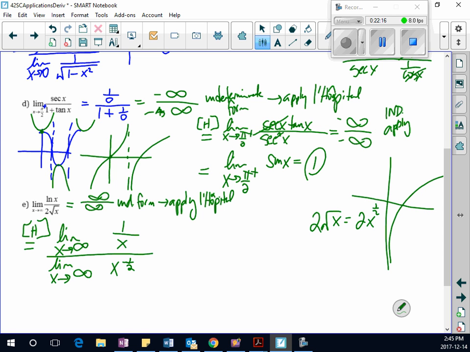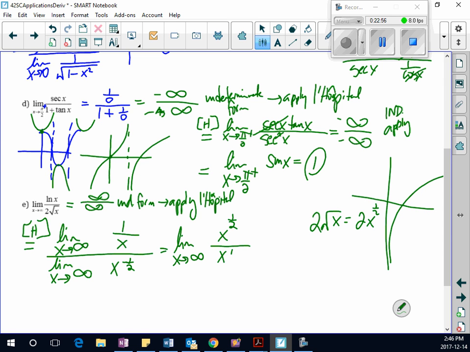We need to simplify that, right? Well, this is a negative power, so it will go to the bottom, and we would have 1 over 2 x to the power a half.